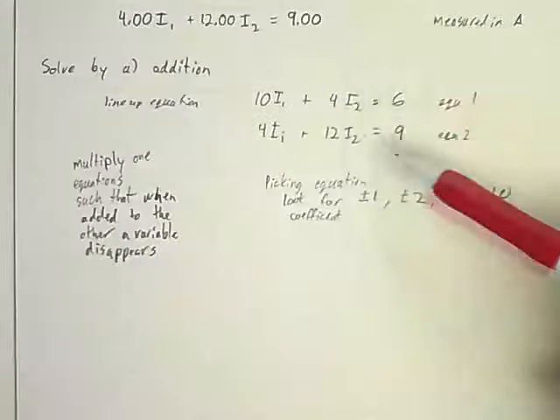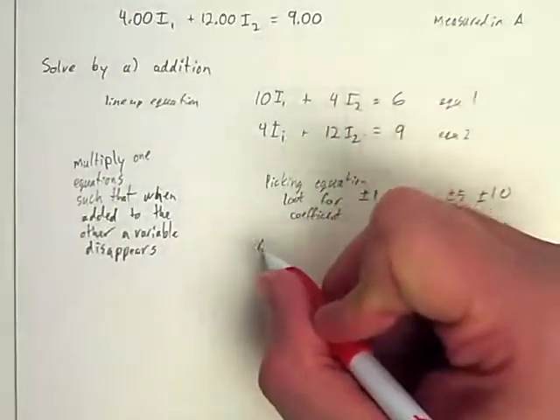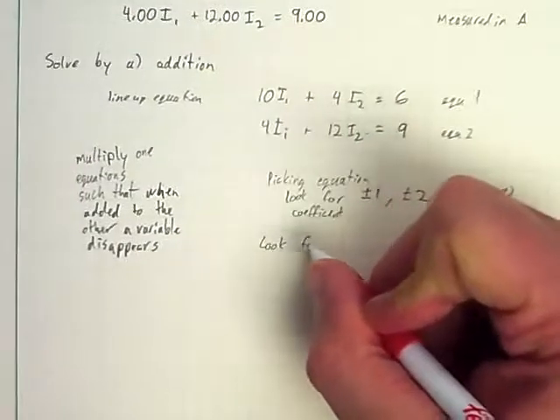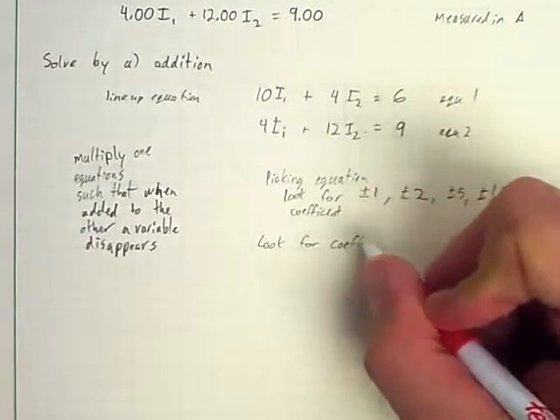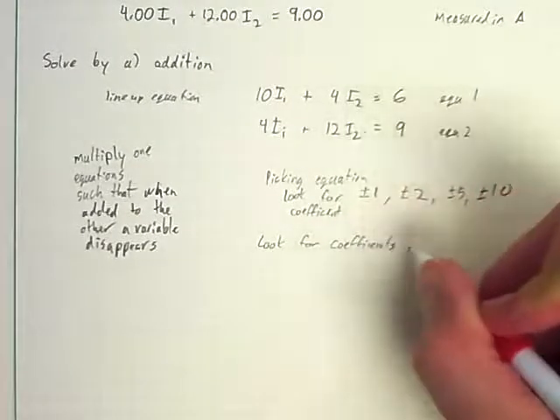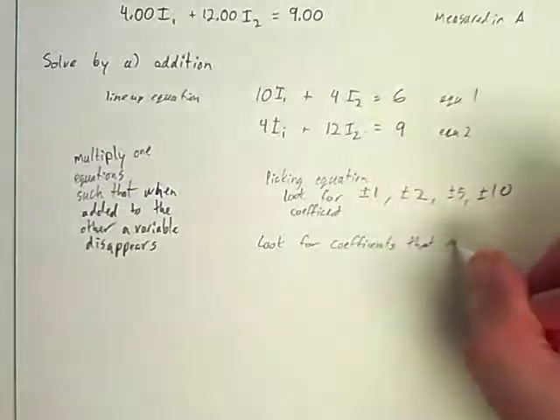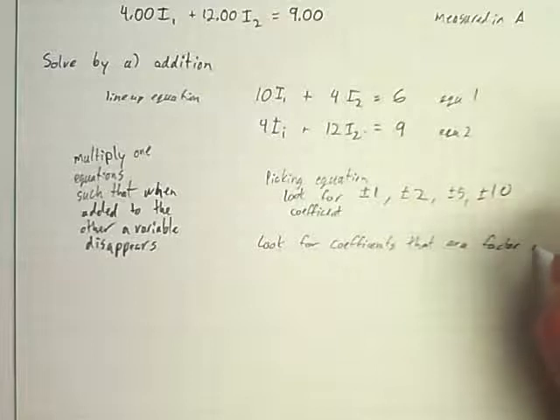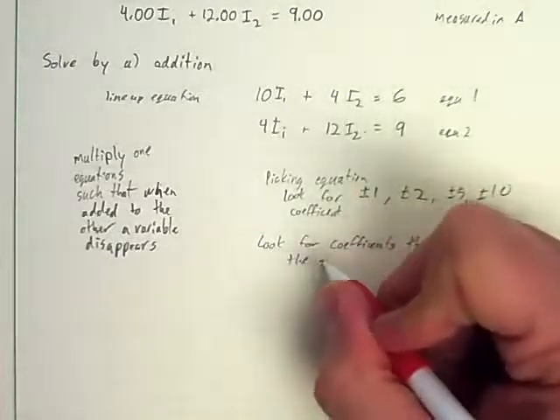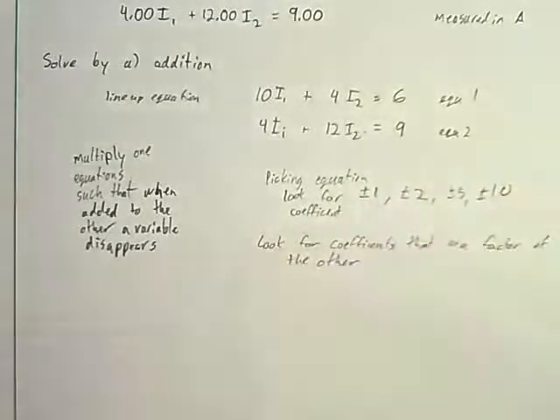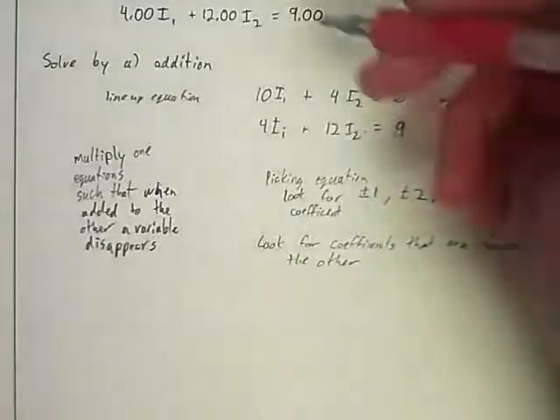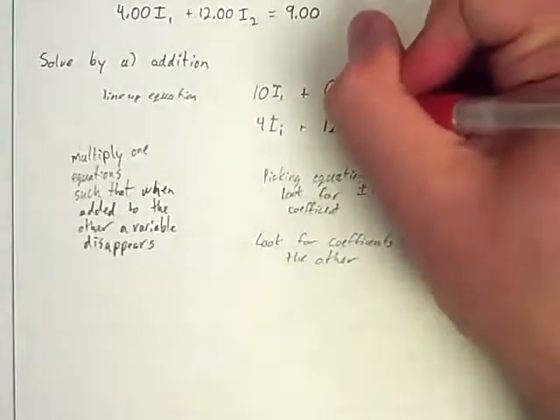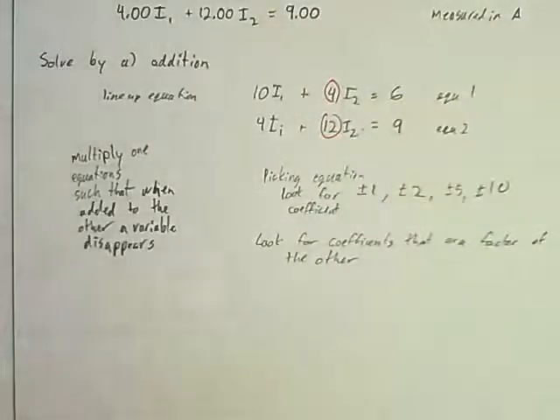What we do have here is the other thing we can look for: coefficients that are a factor of the other. So in this case, I have 4 and 12. Well, 12 is just 3 times 4.